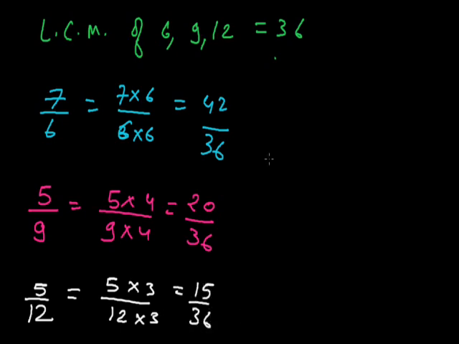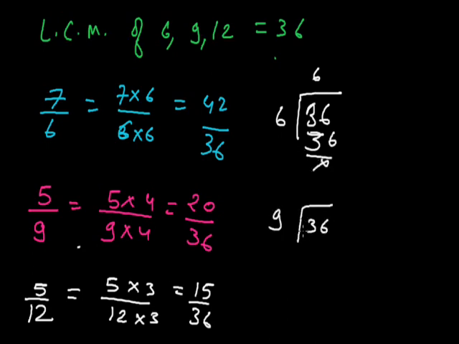Now, if you don't know which number is to be multiplied, you can simply divide the LCM, that is 36, by the denominator. If you divide 36 by 6, you will get 6. Here your denominator was 9, so you can simply divide 36 by 9. So you will get 4 as the quotient and the remainder will be 0.